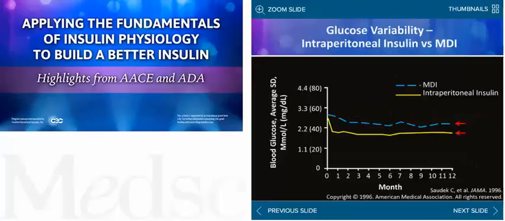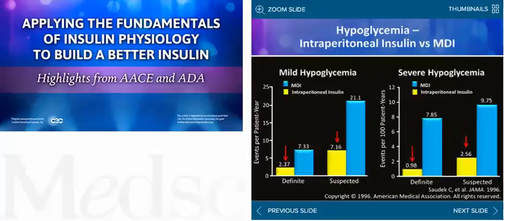What was different was glycemic variability as measured by the standard deviation of the blood glucose in milligrams per deciliter. With intraperitoneal insulin, the standard deviation was about 40 milligrams per deciliter, whereas with subcutaneous multiple dose injections, it was about 50 milligrams per deciliter, and significantly higher glucose variability for the same hemoglobin A1C.